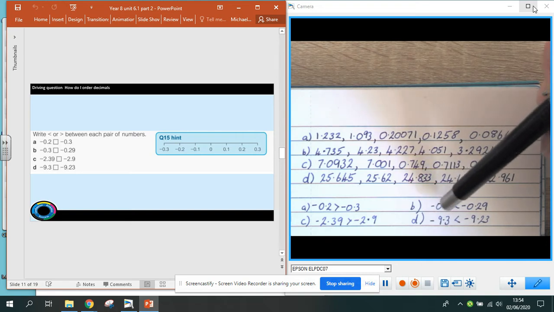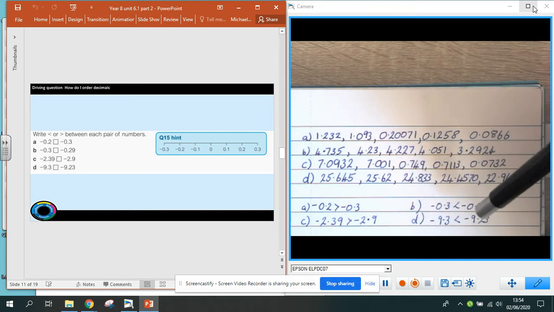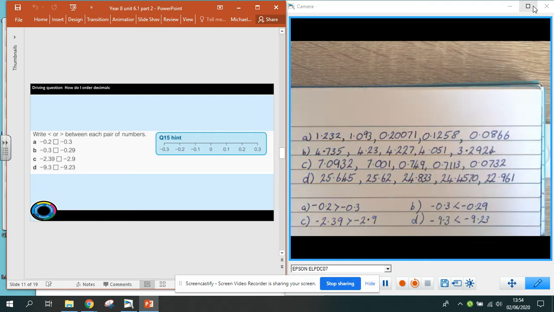And lastly, minus 9.3 is less than minus 9.23, because it's getting further and further away from 0. Okay, if you're happy with those, move on. Otherwise, answer or write your corrections.